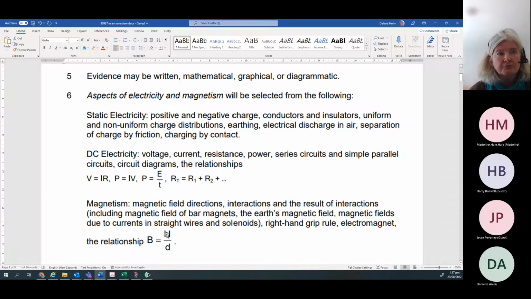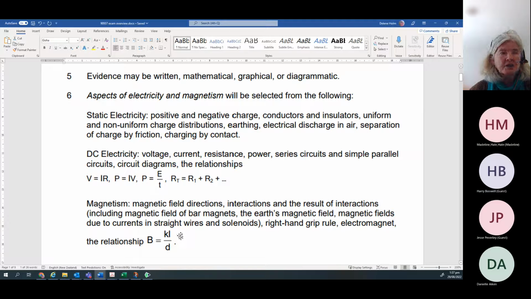And then finally, you've got magnetism, and you need to use the right-hand rule to work out magnetic fields and so on. As well as being able to calculate the strength of the magnetic field. So B is the magnetic field strength in Tesla. K is the constant, which will be given, as I'll show you.